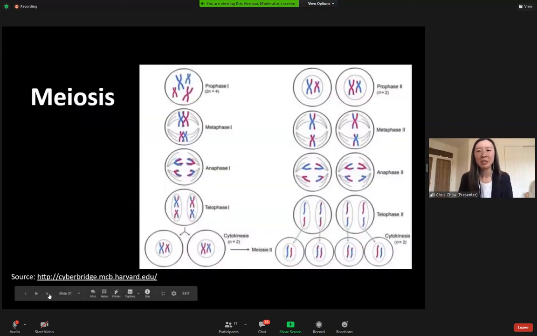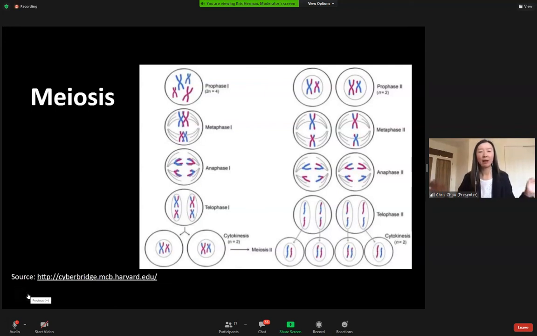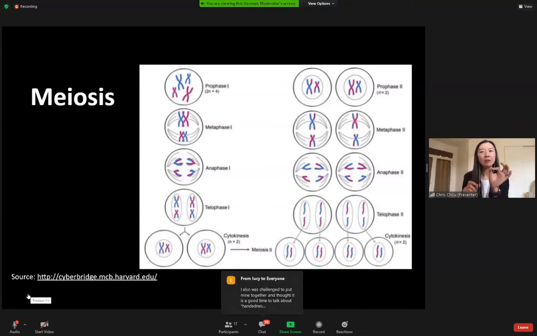Now I do have to mention that before this, I used some different materials to model mitosis, which are helpful as well. I've used yarn, and I've used pipe cleaners with beads to represent the centromere, where they're attached together.